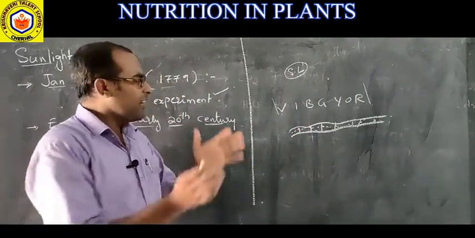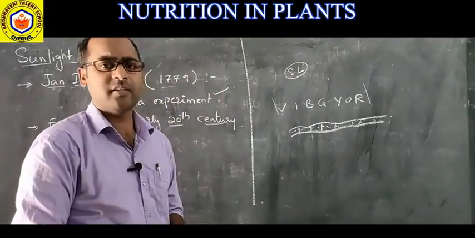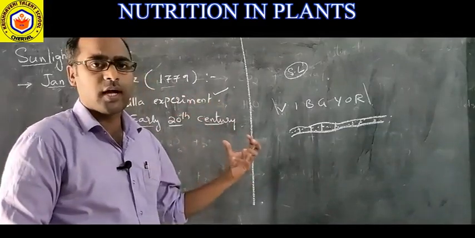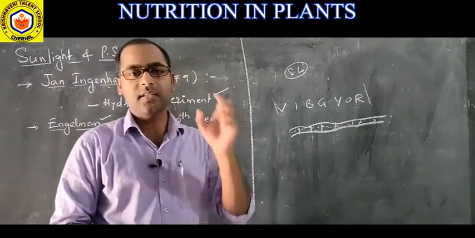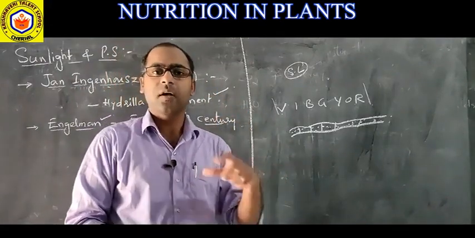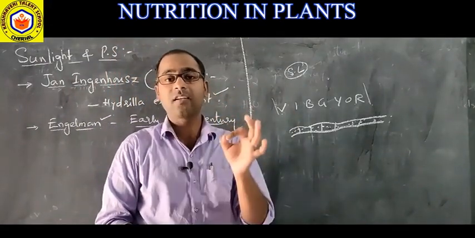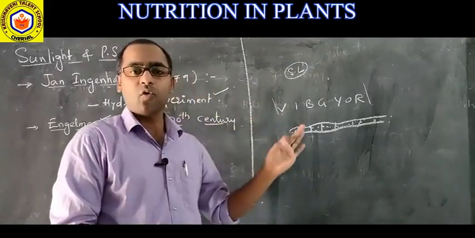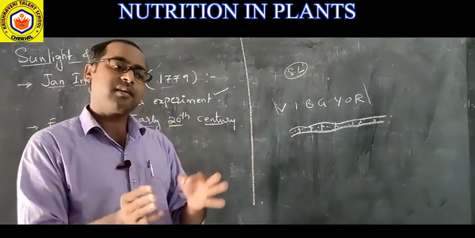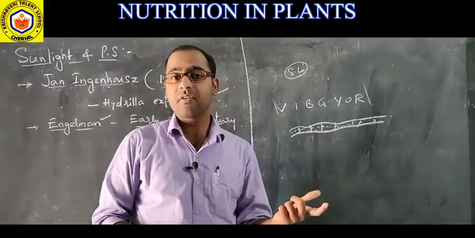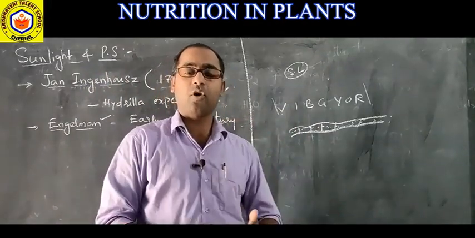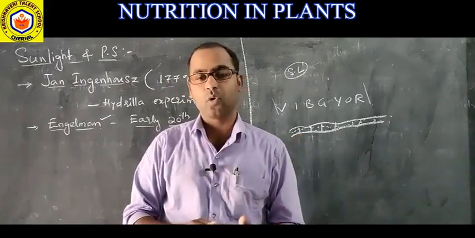Then why did he perform this activity? He wanted to know which part of the light is necessary for photosynthesis. Light contains different colors, and which color of light is necessary for photosynthesis? All the plants are green in color, so is green light necessary for photosynthesis, or which light do they absorb, which light do they need more?